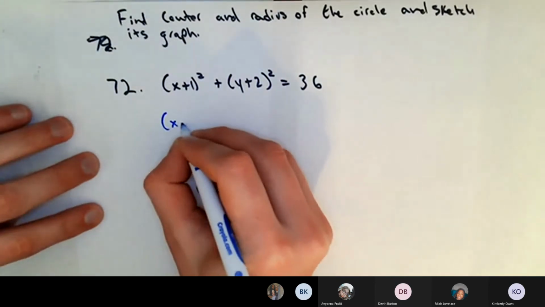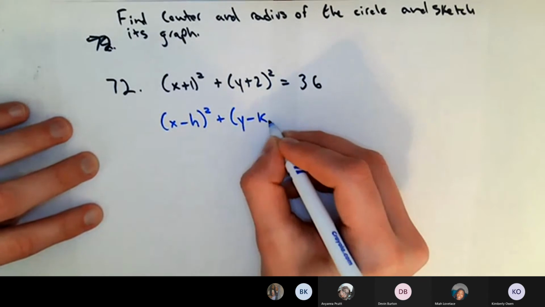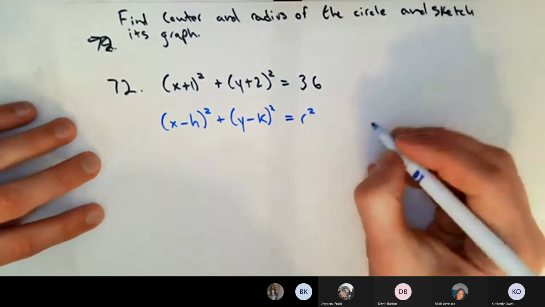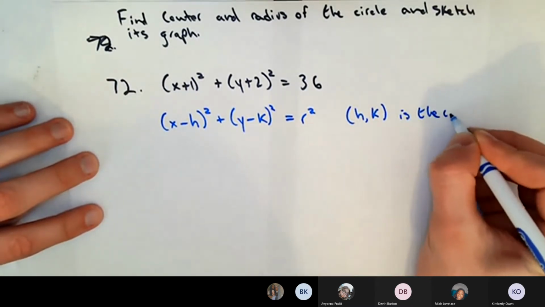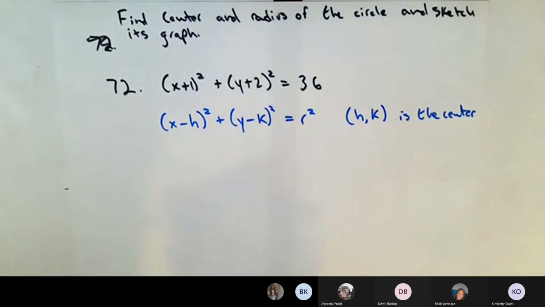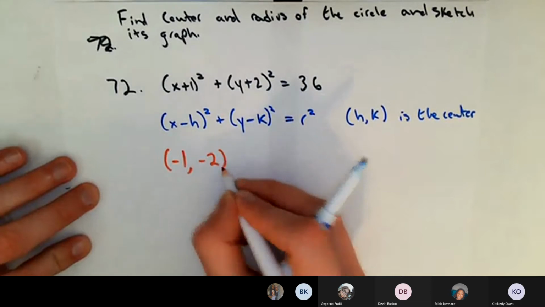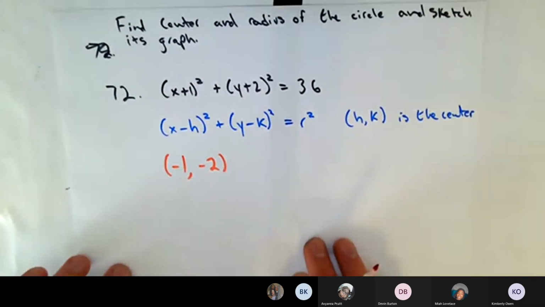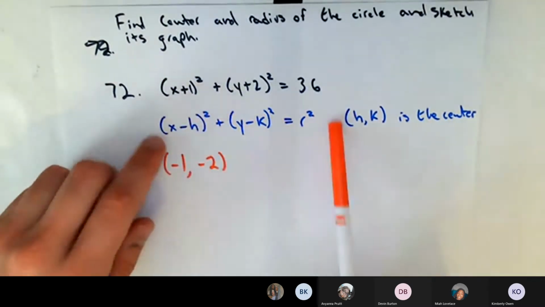So I'm recalling the equation is like this, where basically those numbers inside the parentheses attached to the x and y describe the center. h comma k is the center. And I do need to flip their signs. So for me, the center will be -1, -2, coming from the +1 and the +2 in my equation I was given, because the subtraction is built into the circle formula.